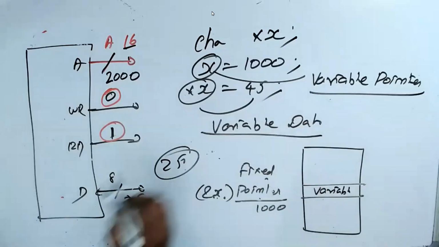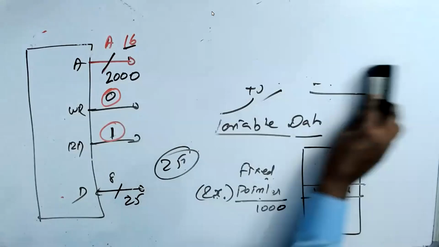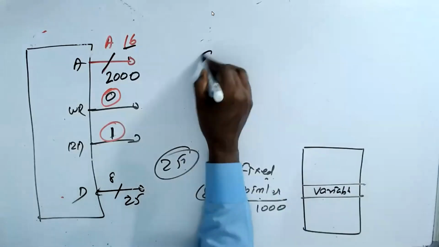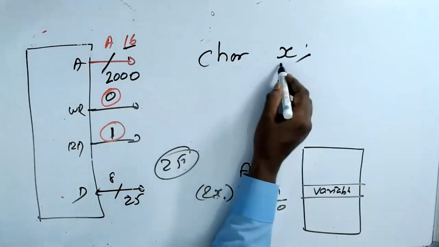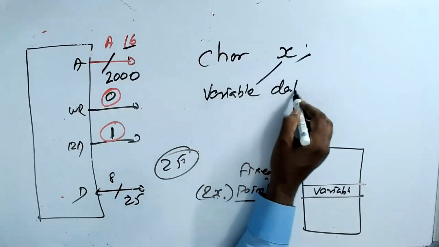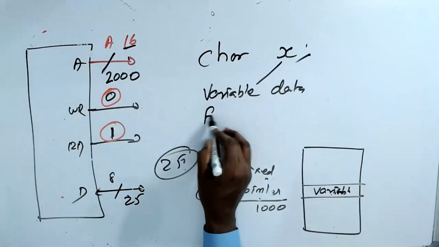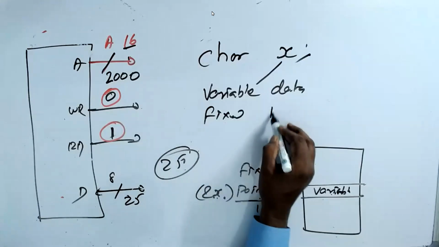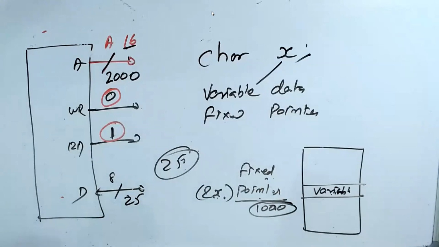Understand? Variable data, variable pointer. Whereas in the case of char x, variable data you can change, but a fixed pointer. You cannot change the address when you define it like this.